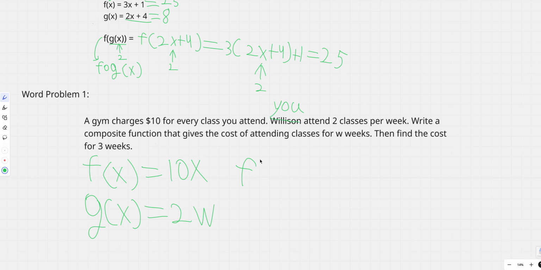So, 8 the cost per class, and 2 classes per week.